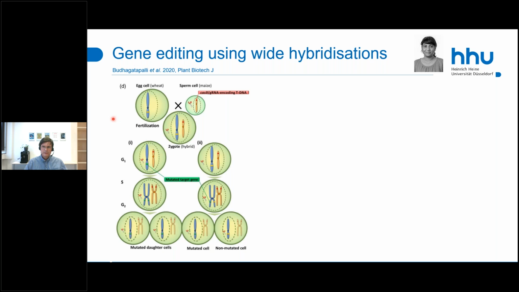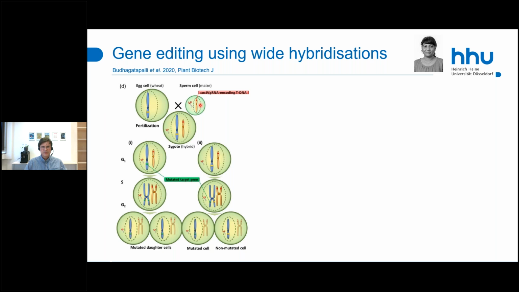Another application of this technology has also been illustrated in the group of Jochen Kumlin by Nagu. They made use of the fact that you can use wide hybridization, so that you can fertilize egg cells of one species with pollen of another species.